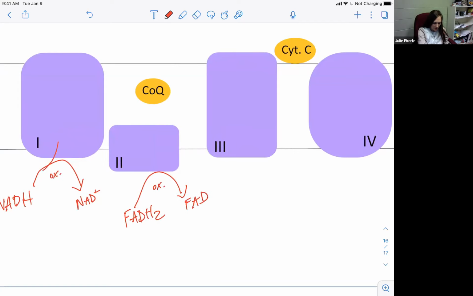And in doing so, they're going to pass electrons to complexes 1 and 2. Okay, what happens next?